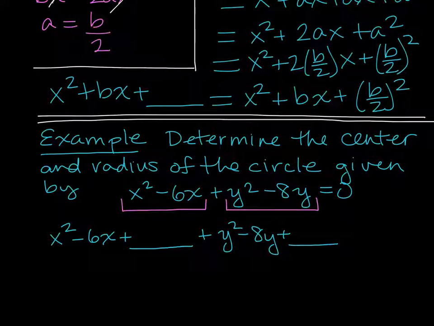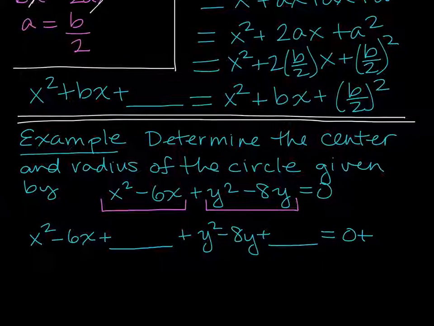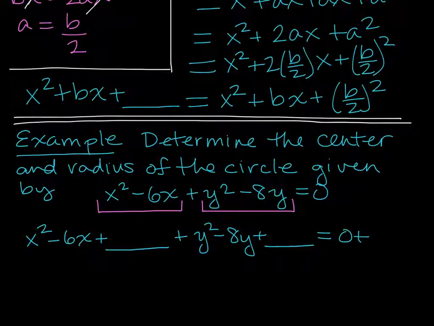Now, it's important that we realize we can't just add things to an equation willy-nilly. If we add to one side, we then have to also add those things to the other side.